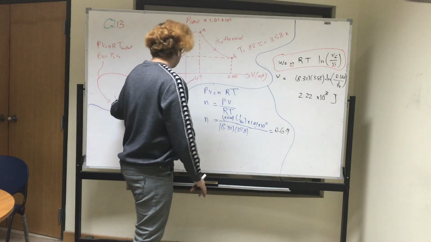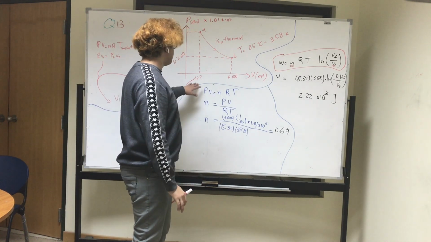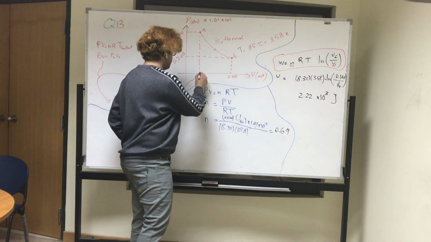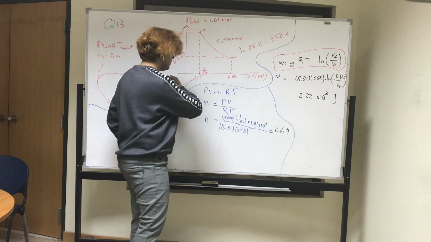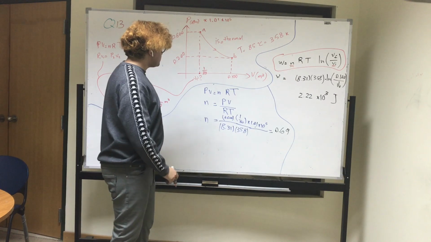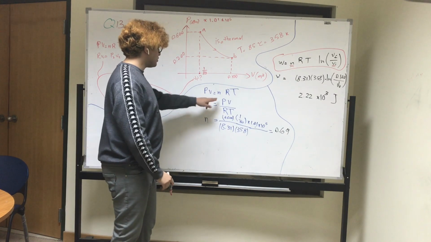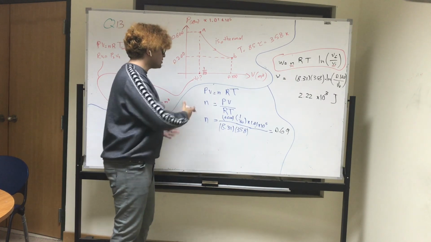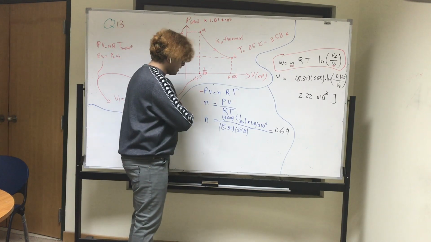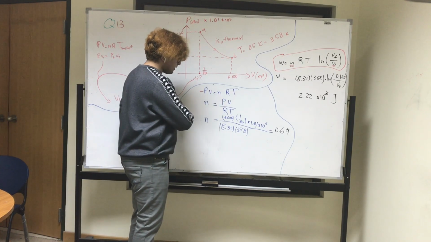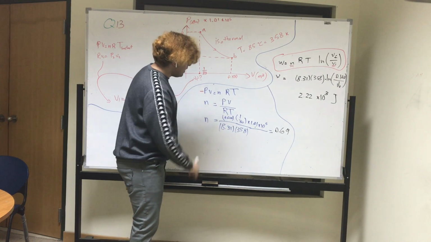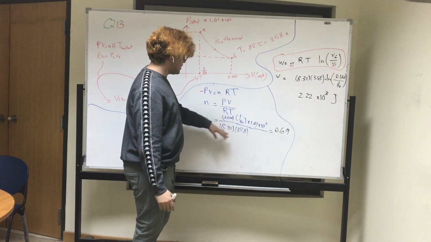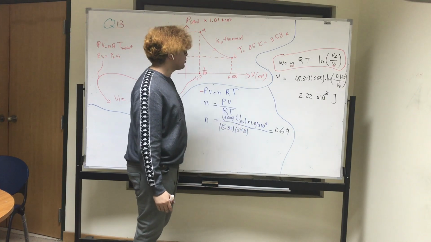So once we figure out the initial volume, we know that the volume here is 1 by 30. Now it's time to figure out the number of moles, or n. We again utilize our ideal gas equation and solve for n, and then plug in any pressure and volume over RT. I use the initial pressure and initial volume here, and I get this number of moles.